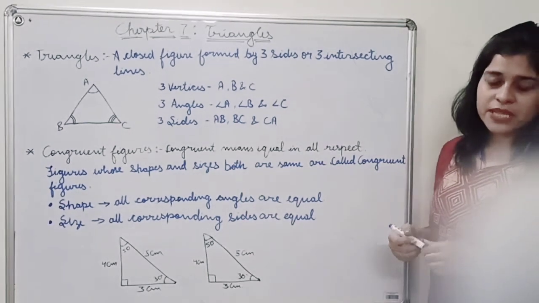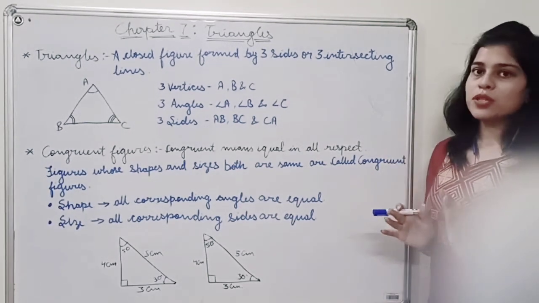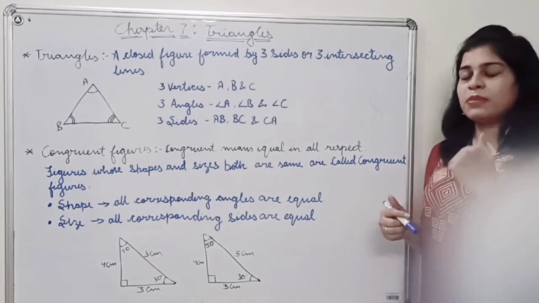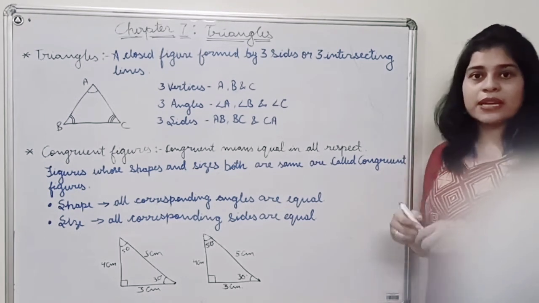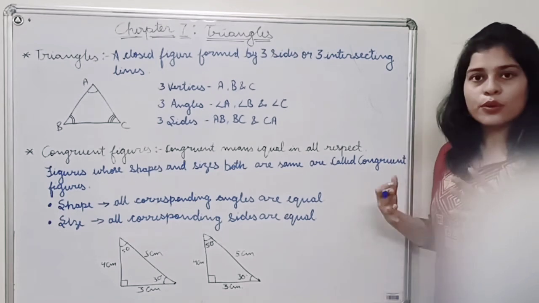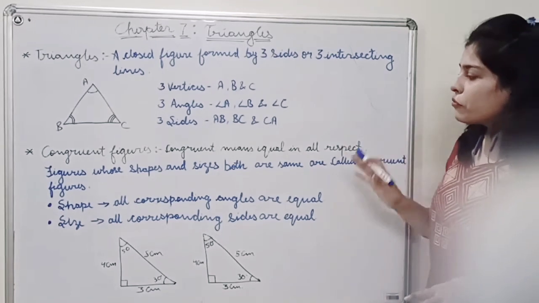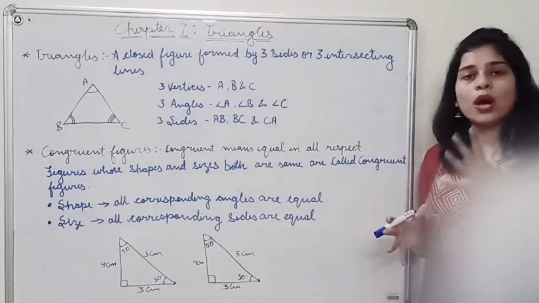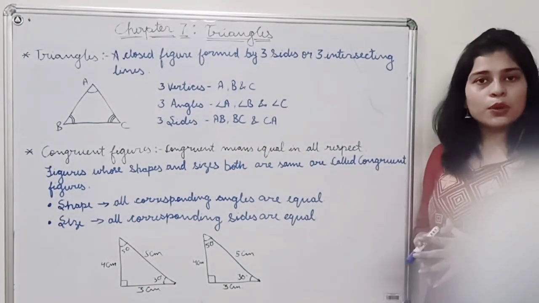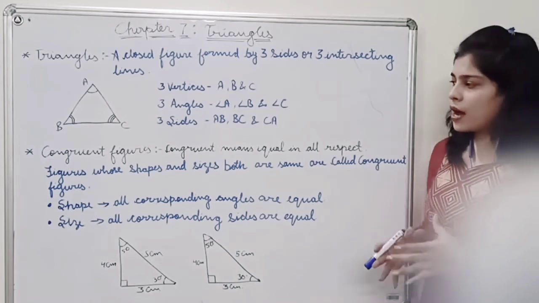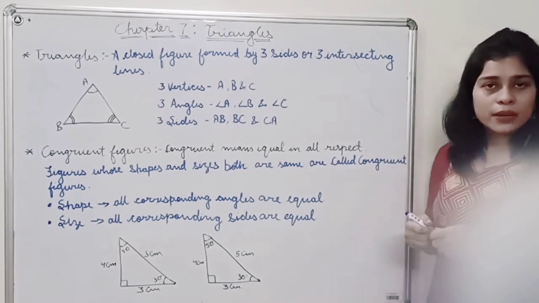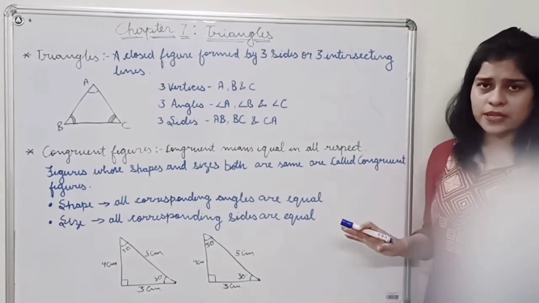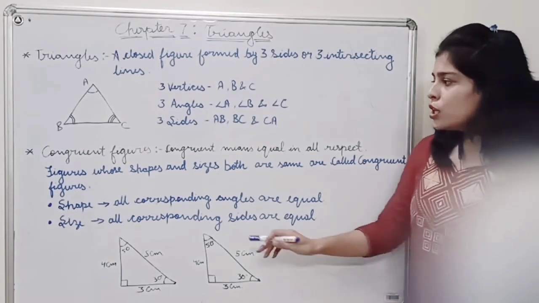Equal in all respects means that if two closed figures, it can be a triangle, a quadrilateral, a pentagon, a hexagon, or a circle, any closed figure which has all the corresponding sides and all the corresponding angles equal, are termed as congruent figures. Means equal or same in all respects.